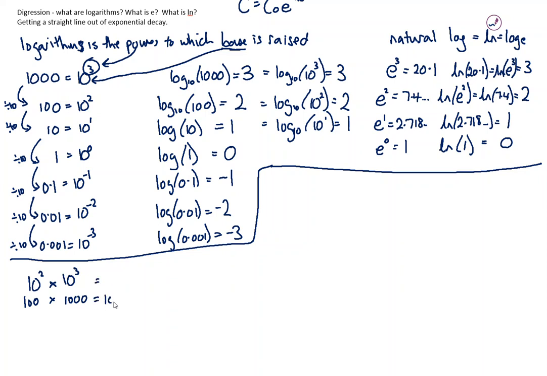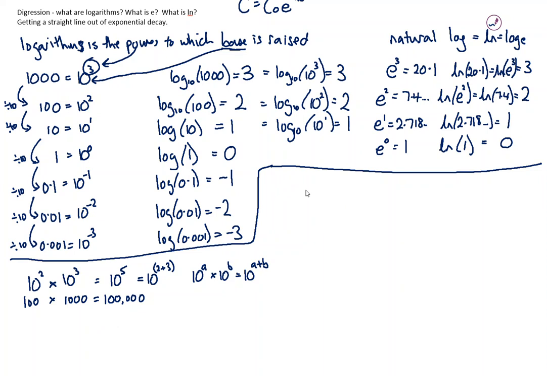That is 100,000, which you could also write as 10 to the 5. So if you multiply two numbers that are expressed to a power, you just add the powers. So that was 10 to the 2 plus 3. So 10 to the a times 10 to the b is 10 to the a plus b.